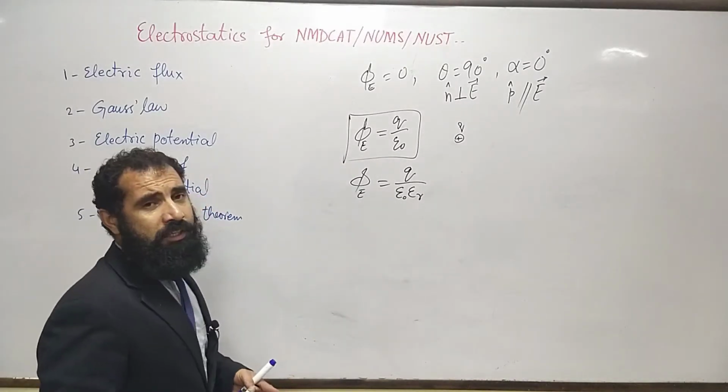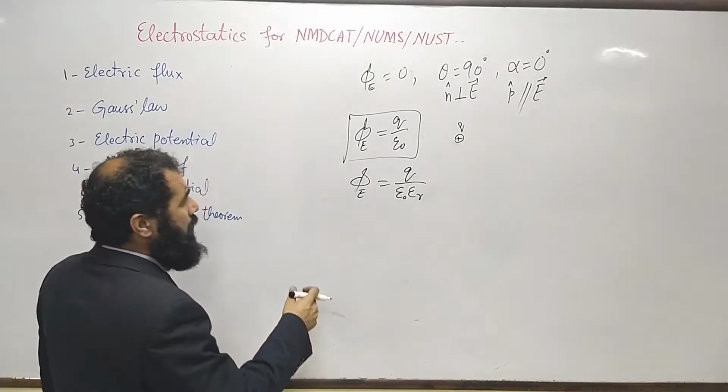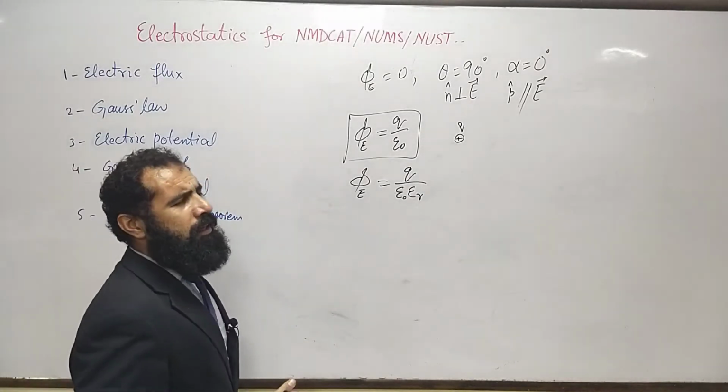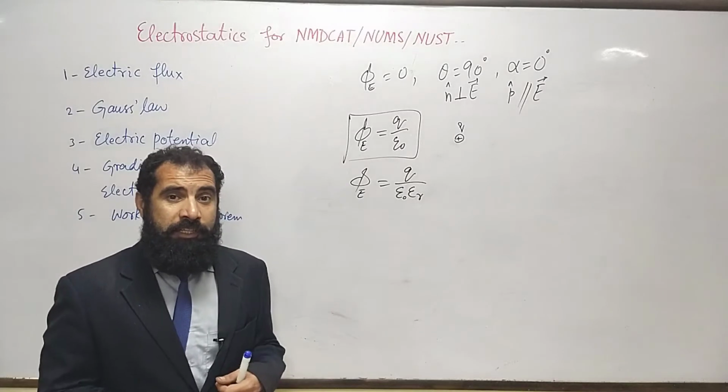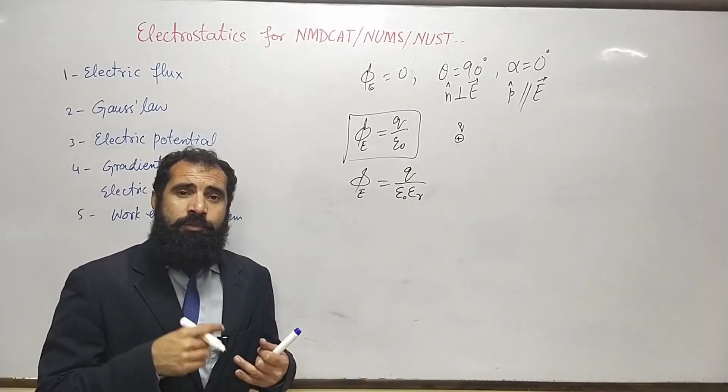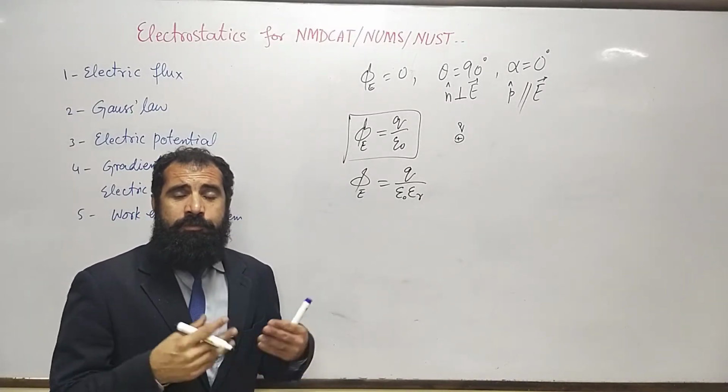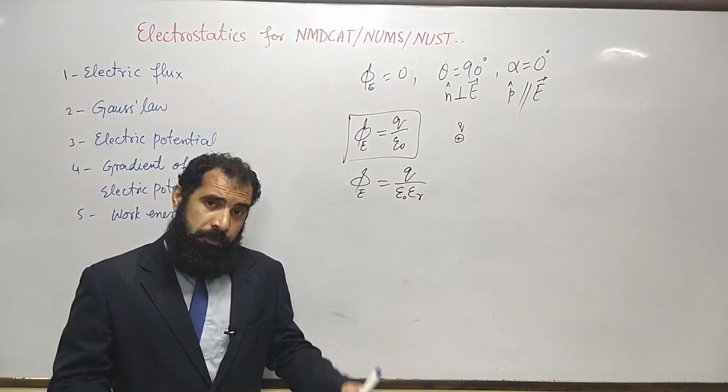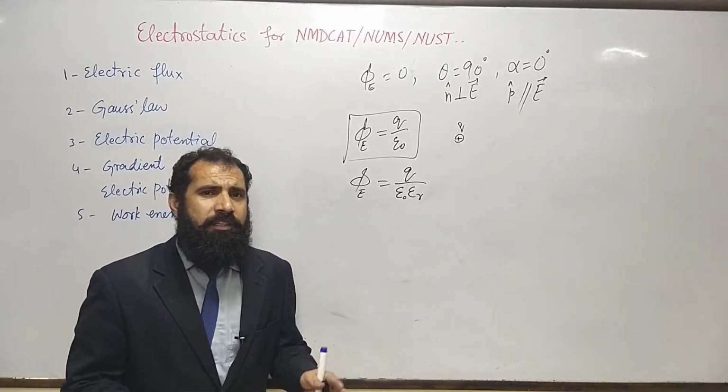Gauss law can be used to calculate electric field intensity because of continuous charge distributions, due to point charge, due to line of charges, due to sheet of charges, due to sphere of charges, between two sheets of charges, and many different situations.